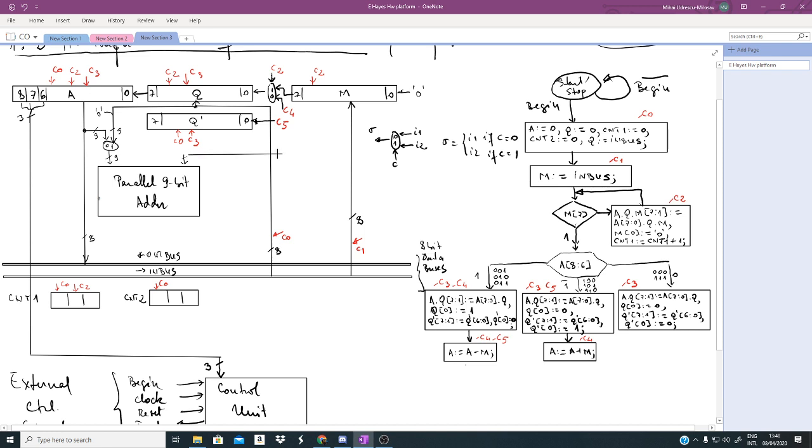So let's do it like this. As I said, we take 9 bits here. Here I'll have a multiplexer.